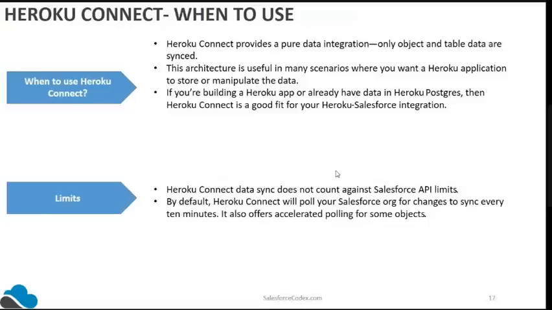We discussed, for example, a community application, or product selling sites like Amazon, Flipkart, or other sites as well. Then we can go with this kind of integration. If you are building a Heroku app or already have data in Heroku Postgres, then also we can go with Heroku Connect to fit our Salesforce Heroku integration.